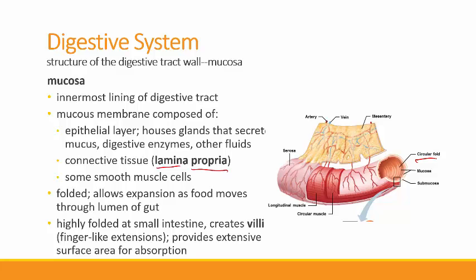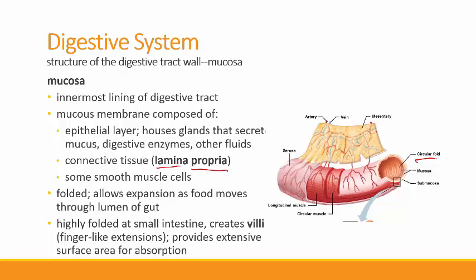This folding allows the small intestine, say, or whatever segment of the alimentary canal we're talking about, to expand some as food passes through without ripping. So you've got these extra little folds there, sort of like my skin.